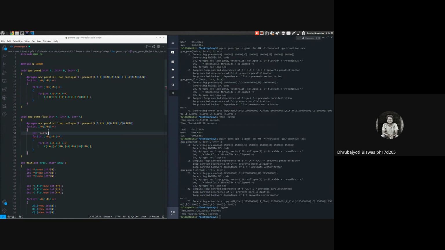So this is like pre-computing the index so that it is not required that many times. Maybe then we can compute it for i n plus j. So okay, let's try with this one first.